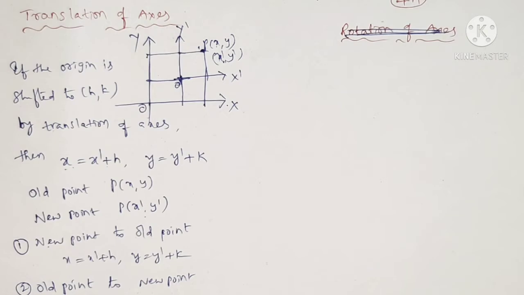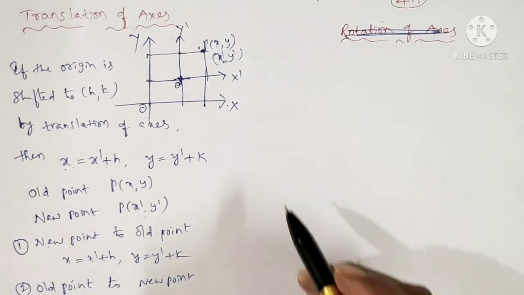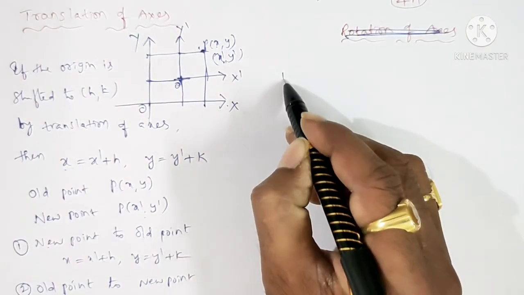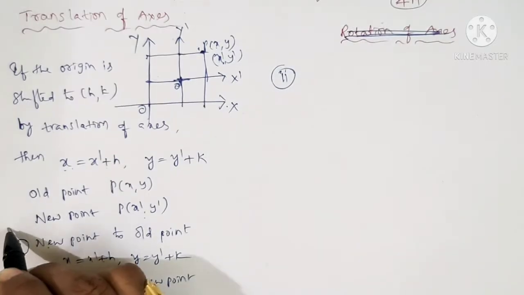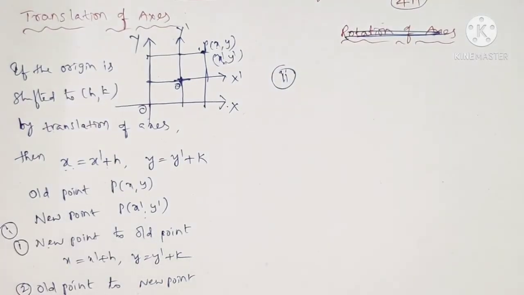Here they are asking 4 marks questions in this area also. That is, how to transform the given curve. The first point, how to find new to old and old to new, we have finished.